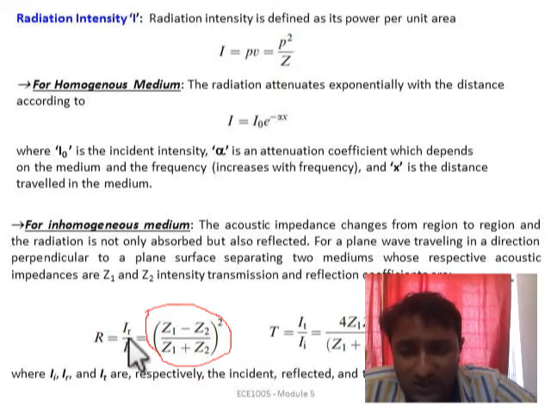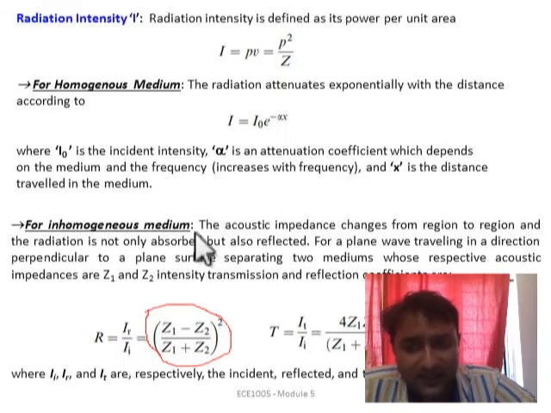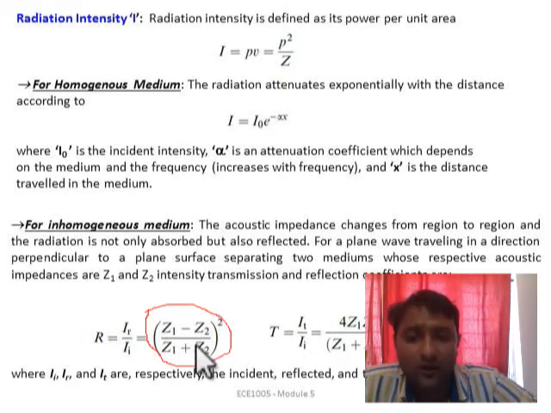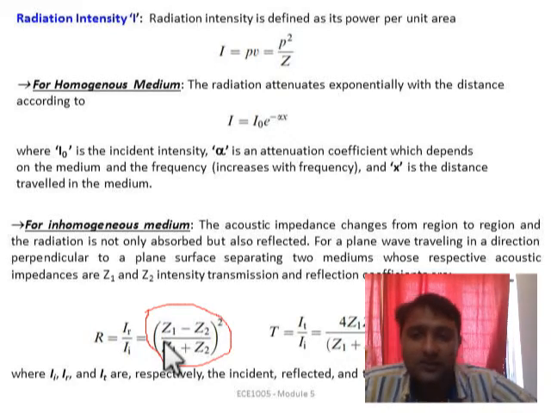So the total ratio of transmitted and incident intensities is given by the impedance, as this relation says. So the impedance should be lower for a higher intensity, and the impedance should be larger for the lower intensity.